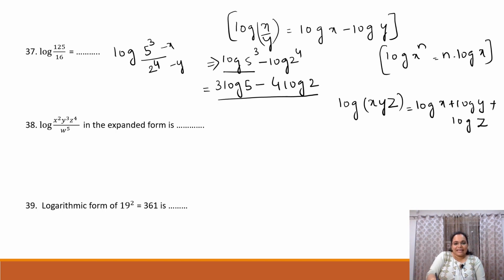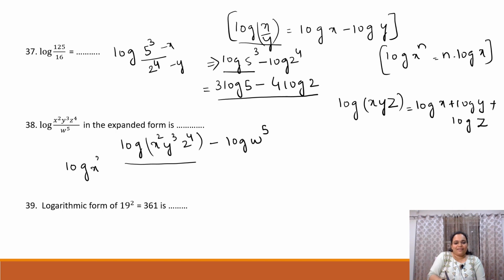First, let us take the formula of log x by y. That is log of x square y cube z power 4 minus log w power 5. So we have written the formula here. That is log x square plus log y cube plus log z power 4 minus log w power 5.